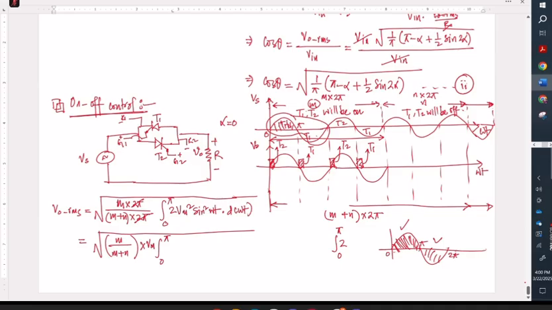It should be Vm square, then 2 sine square theta. So it should be 1 minus cos 2 omega t multiplied by d of omega t.